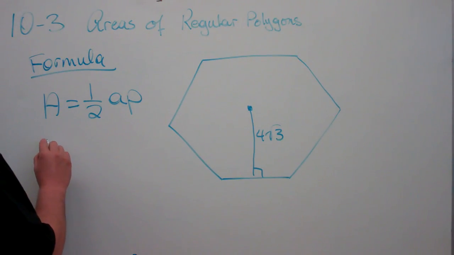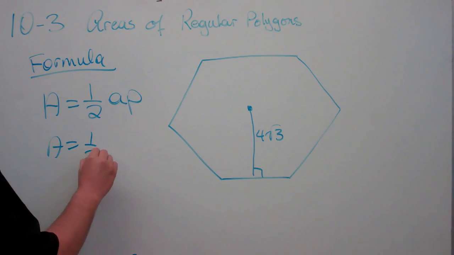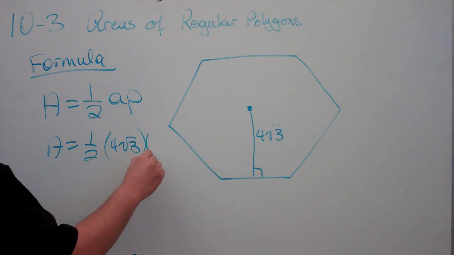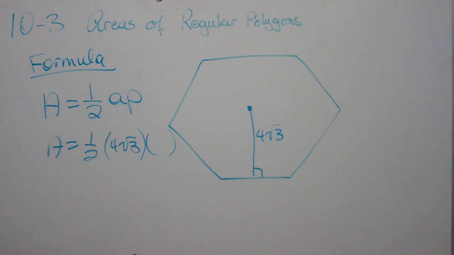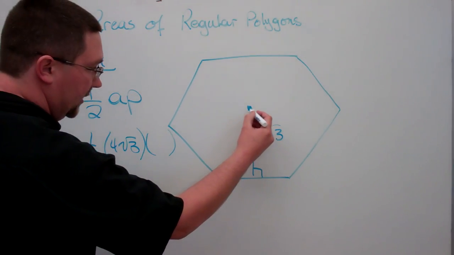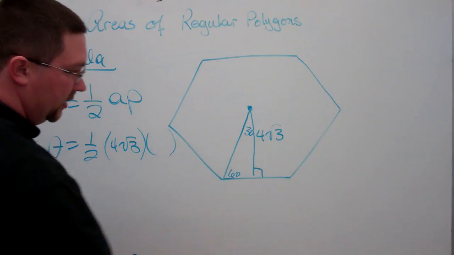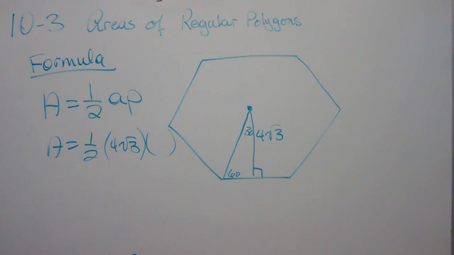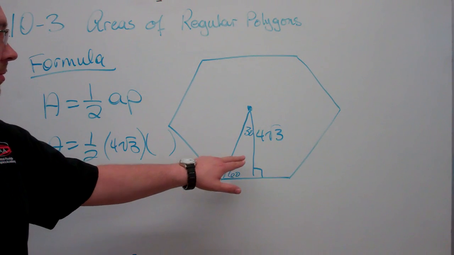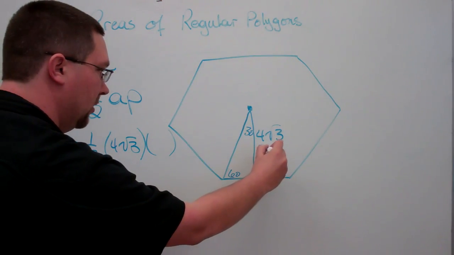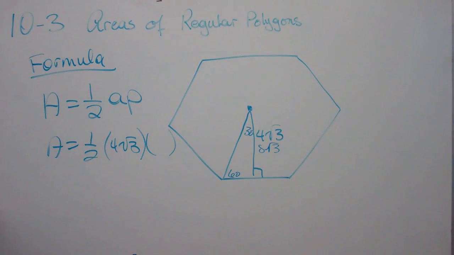Alright, so our area is 1/2 our apothem. Well, looky there, they gave it to us. Times our perimeter. We do not have our perimeter, so we need to find it. Since this is a hexagon, when you draw this down, you get a 30, 60, 90 triangle. And remember, when you have a hexagon, your apothem is across from your 60, so that's s times the square root of 3.